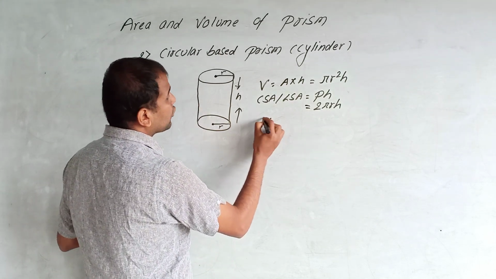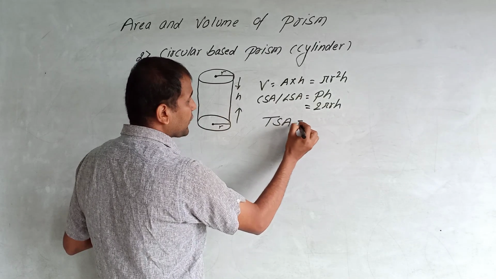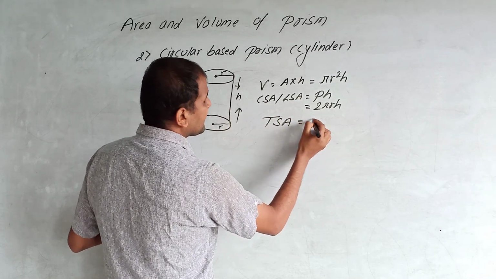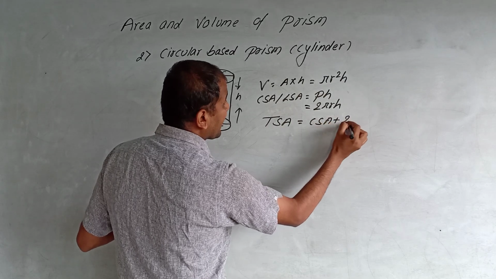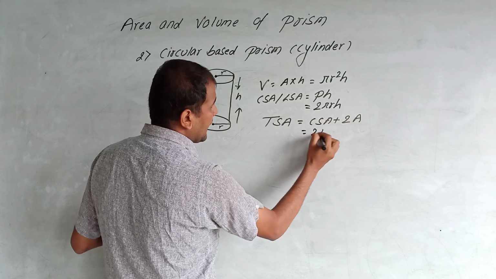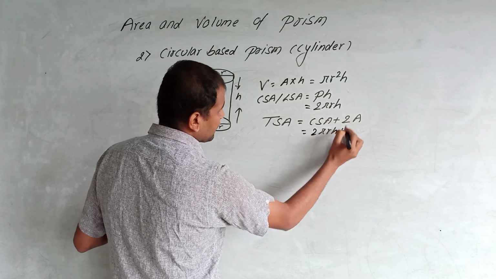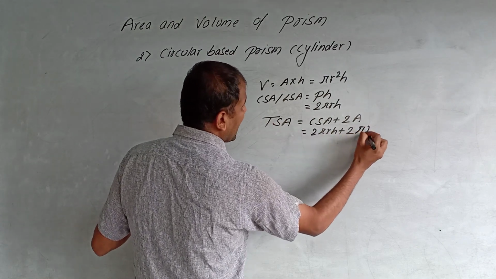And to find the total surface area TSA, TSA is equal to CSA plus 2A, 2 times of base area. So CSA is 2 pi r H plus 2 times area of base, which is pi r square.